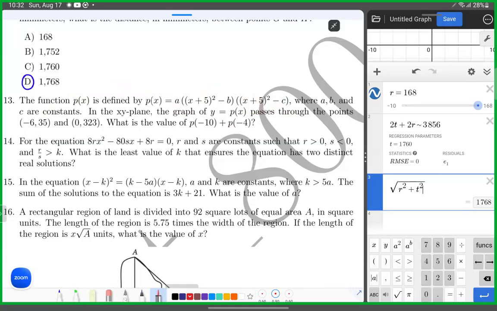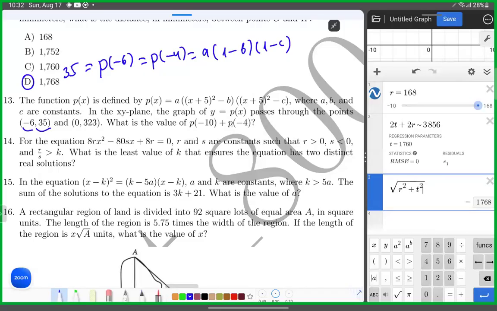It means p of -6 and p of -4 both equal a times (1 minus b)(1 minus c). From the problem, p of -6 equals 35, because this point lies on this line. It means this one is just 35. The same logic here. When you plug in 0, you get just 5.